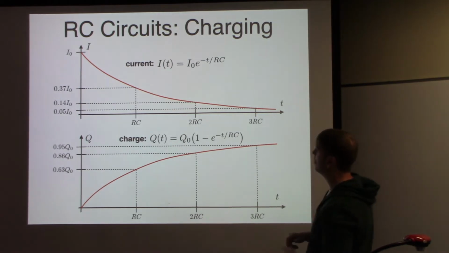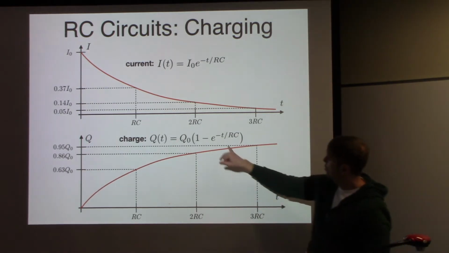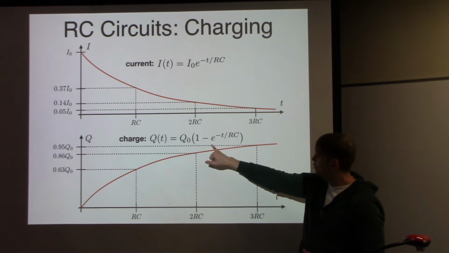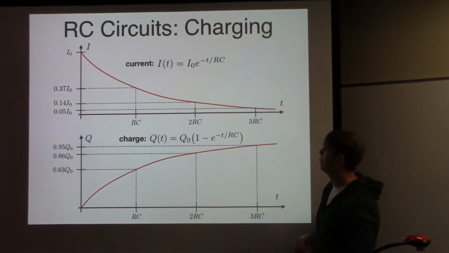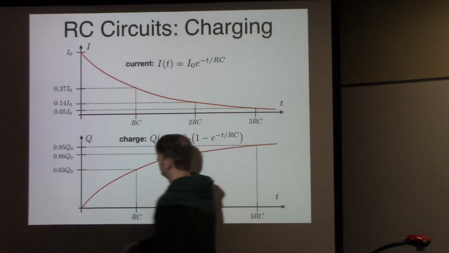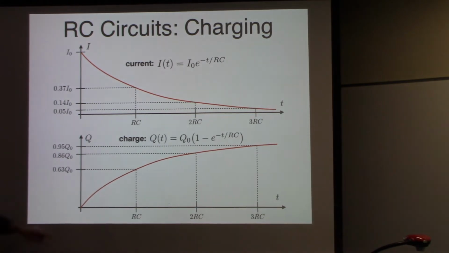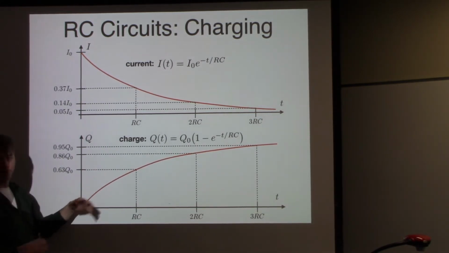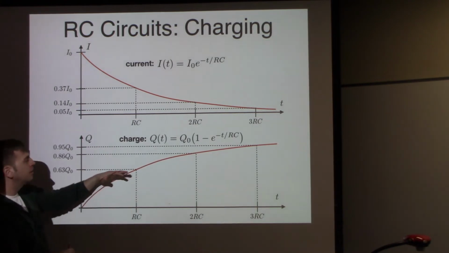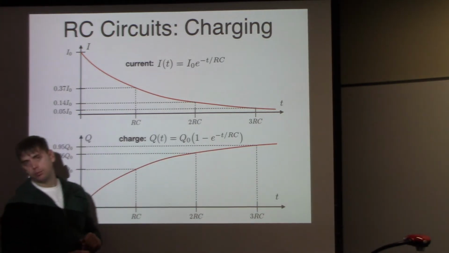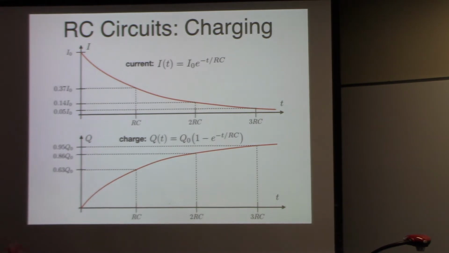What does this look like? Well, since instead of a pure exponential decay, it's 1 minus that exponential decay, this actually has a different shape to it. So we start at 0, and then the charge ramps up. We're getting more and more charge on the capacitor, and then it basically flattens out at some point where we reach our maximum charge.